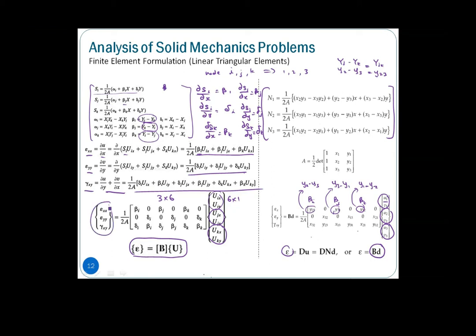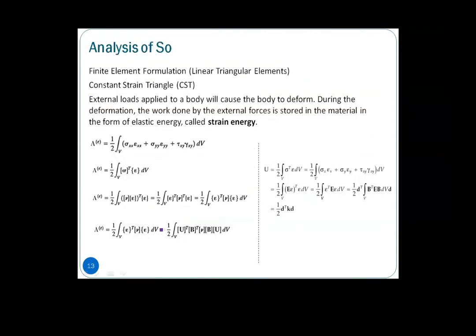This is what we call the constant strain triangle: a constant strain within the element itself. Our beta and delta are all constant values, meaning our strain is constant.